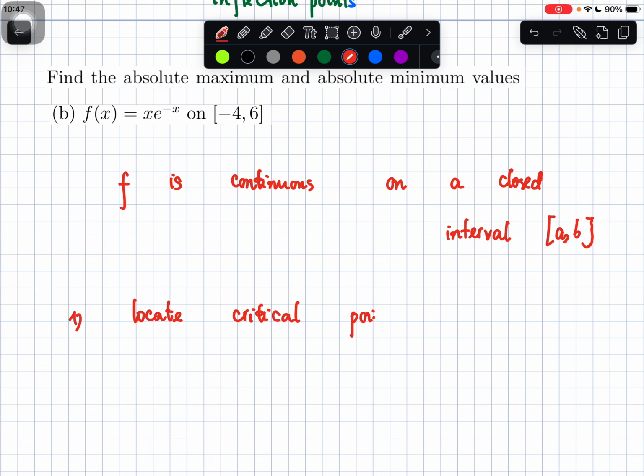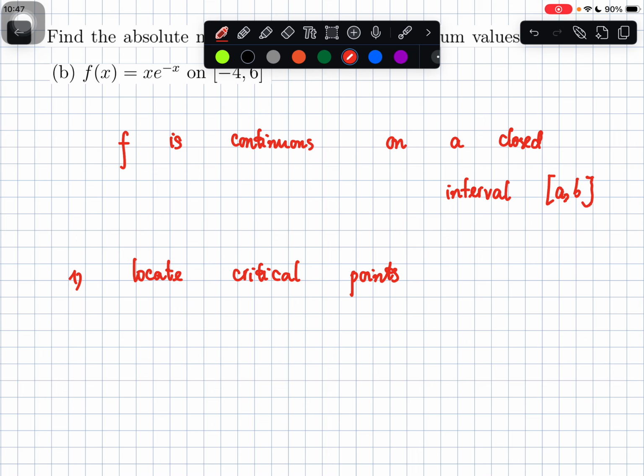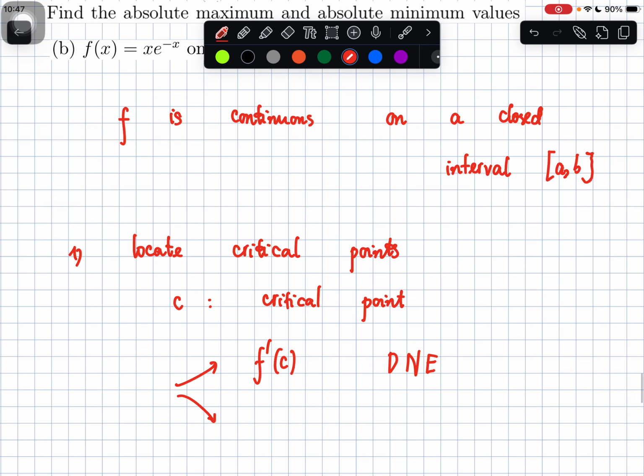We might have more than one critical point. Let me call C a critical point if either f prime at C does not exist or f prime at C equals 0.